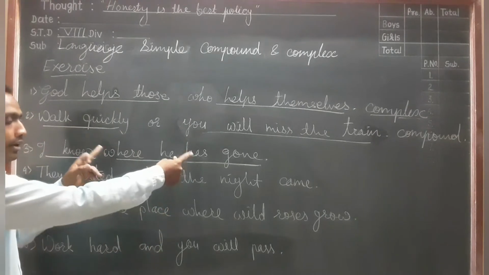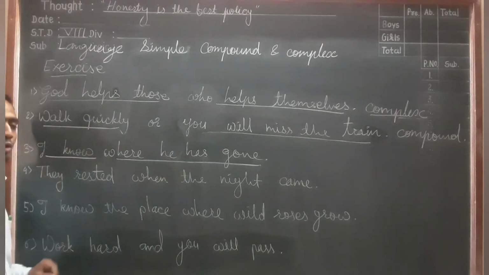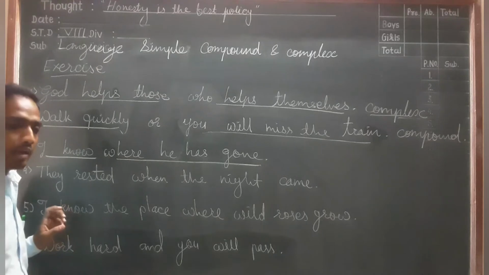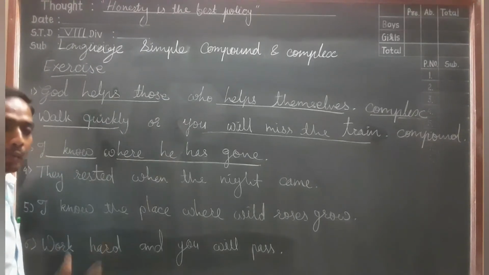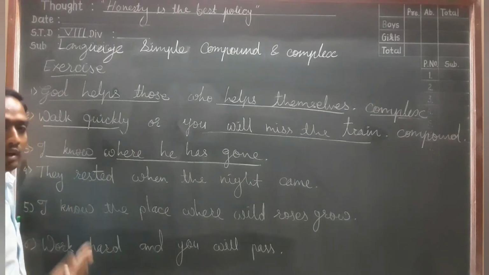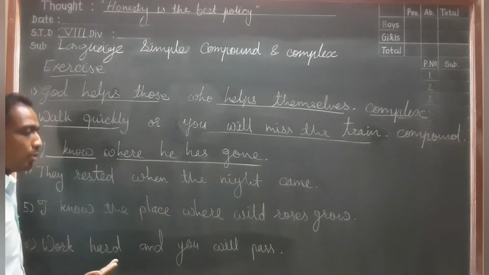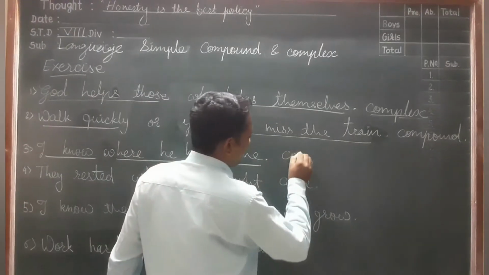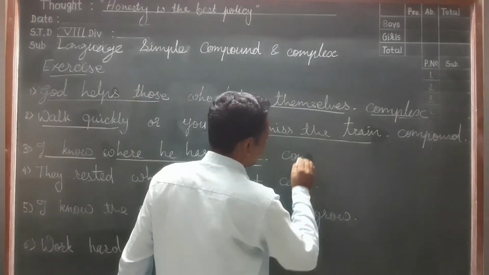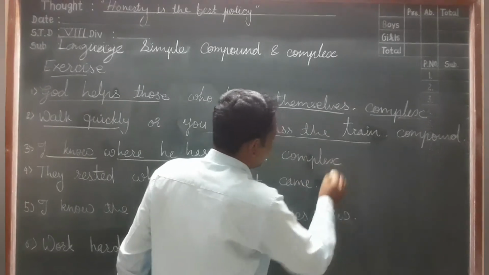It is dependent on I know to make complete sense. So one is principal and the second is a subordinate clause. When there is one principal and one subordinate clause, the sentence will be complex.